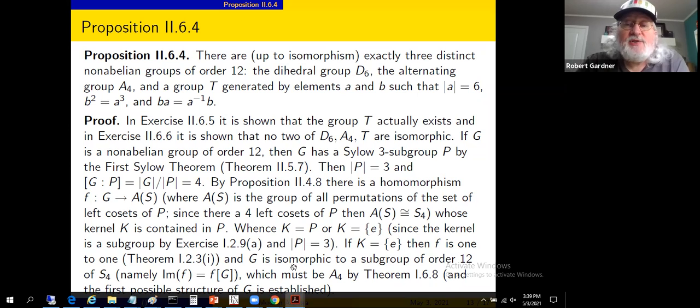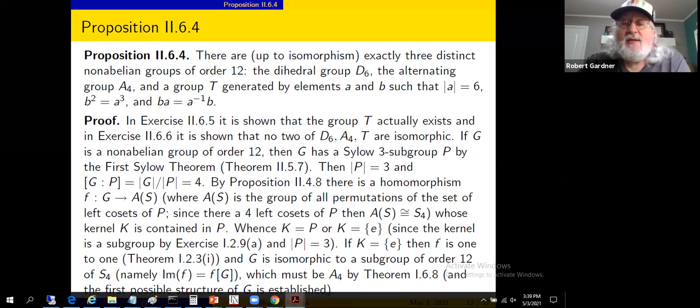G must be isomorphic to a subgroup of A of S, but A of S is isomorphic to S4. So G must be isomorphic to a subgroup of order 12 of S4. G is order 12, and a 1-to-1 and onto mapping would produce an image that has 12 things in it.